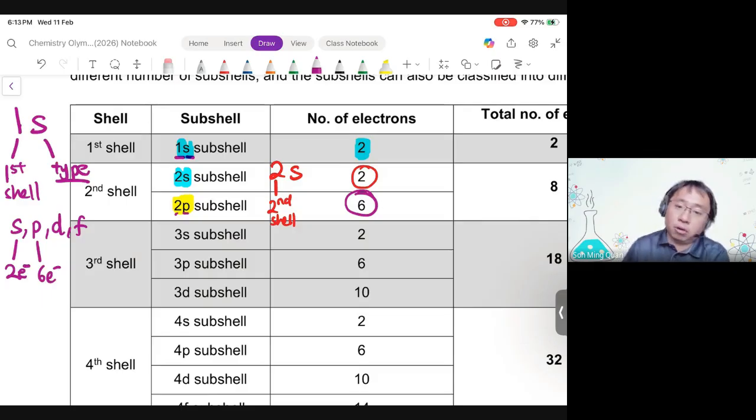So 2P holds 6 electrons. So the second shell has 2S and 2P subshells. And that's why when you add them up, 2 plus 6 equals 8. That's why at O level, we taught you second shell holds maximum 8 electrons.